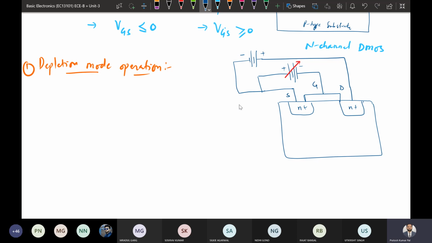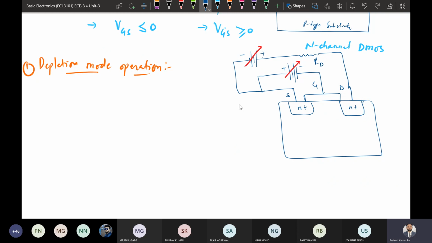In operation we will vary the drain to source voltage as well as the gate to source voltage, and at the drain side we will connect a resistor, that is RD.